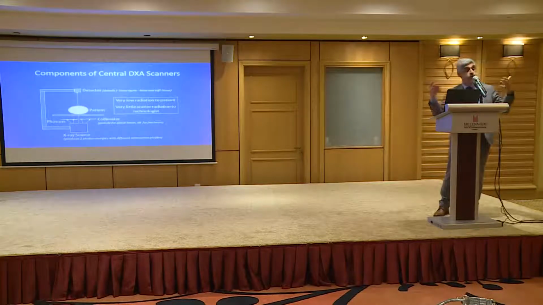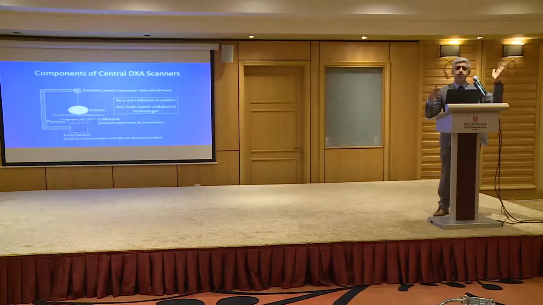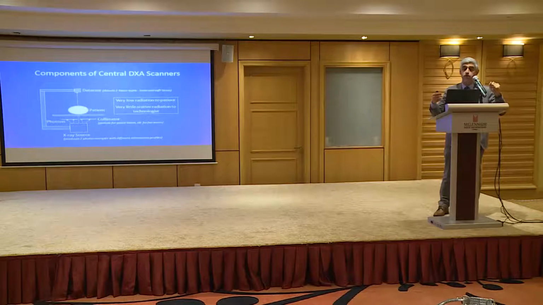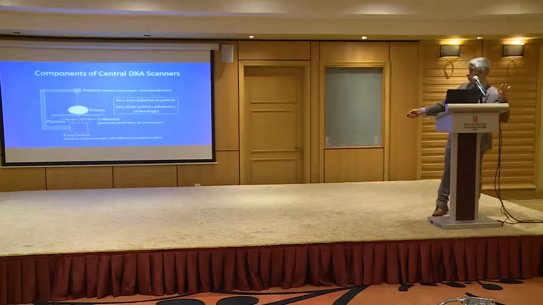Now, the technologies are different, and in your hospitals you probably have a GE or a Hologic. Some hospitals in the past had Norlands, and some private centers still have them. These technologies use different energies, so the energy box could be different. The collimator, which diverts these X-rays, could also be a different technology, and the detector could be different.